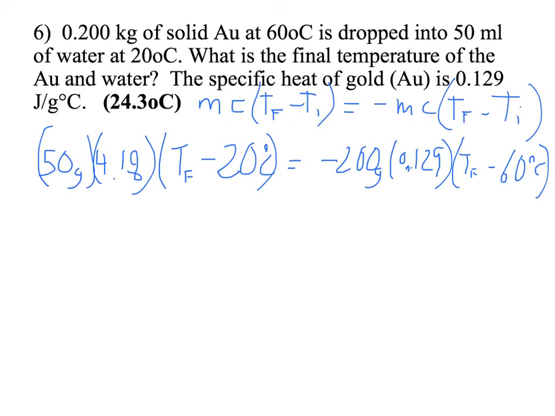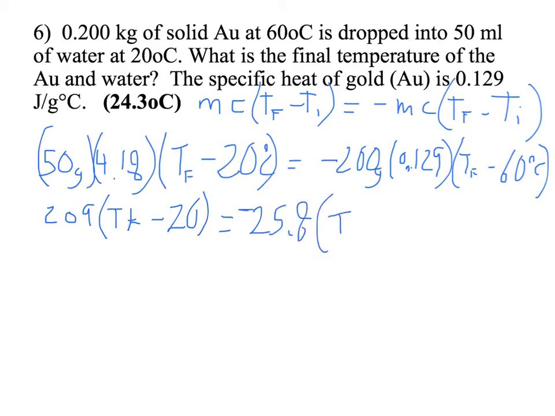It's getting hard to read, I know. So this is 209 times TF minus 20 is equal to 25.8 times, minus 25.8, don't forget that, TF minus 60.